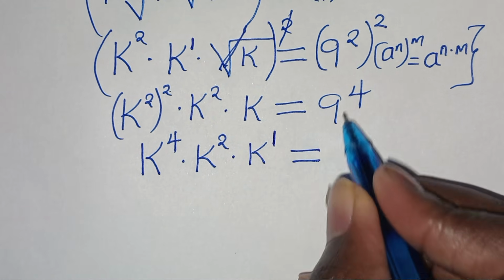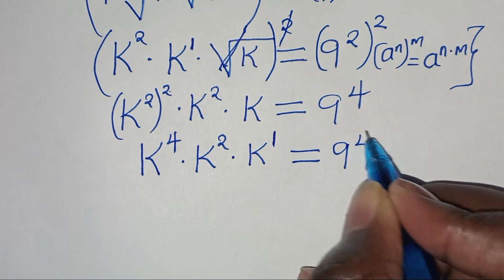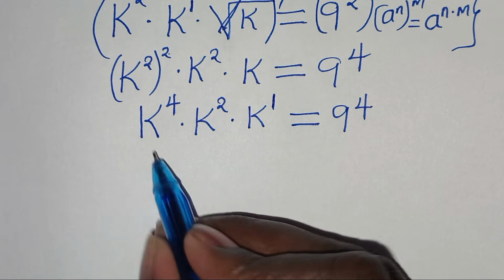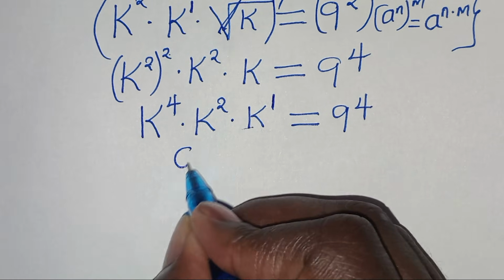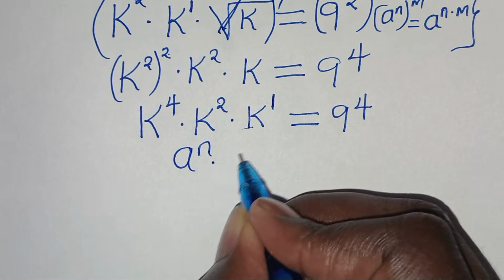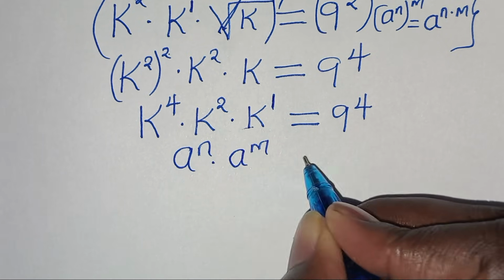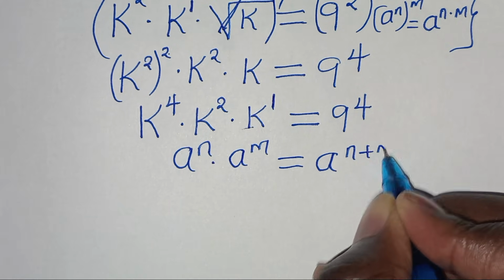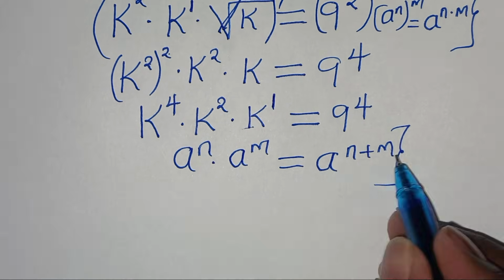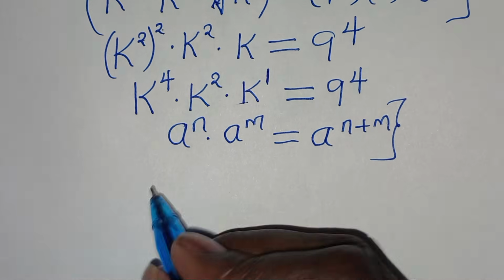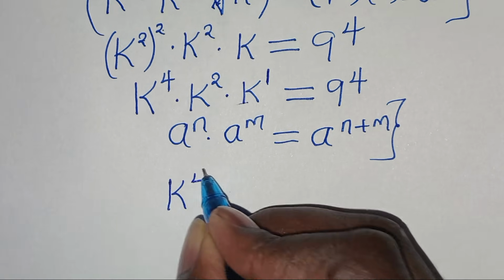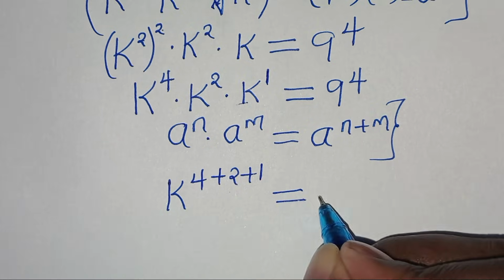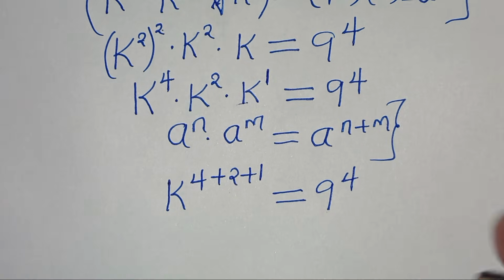Then this is equal to 9 to the power of 4. This is in the form of a to the power of n times a to the power of m, which can be expressed as a to the power of n plus m. Applying this exponent property, we have k raised to the power of 4 plus 2 plus 1. This is equal to 9 to the power of 4.